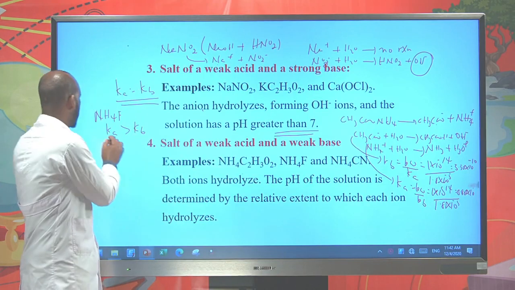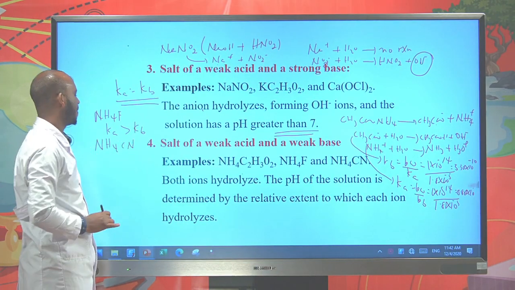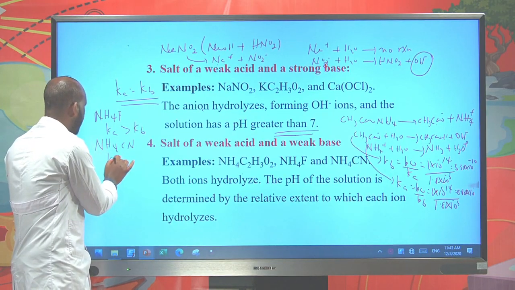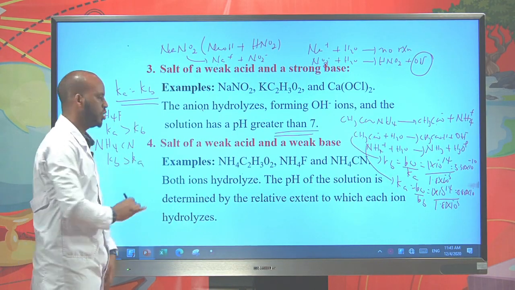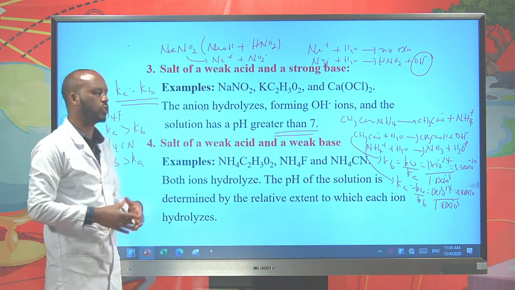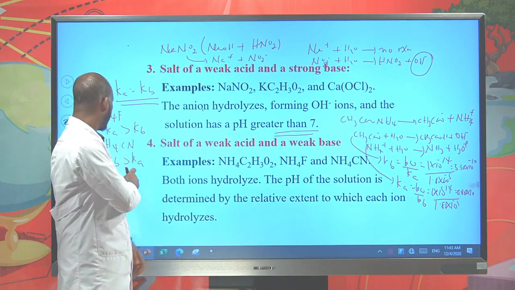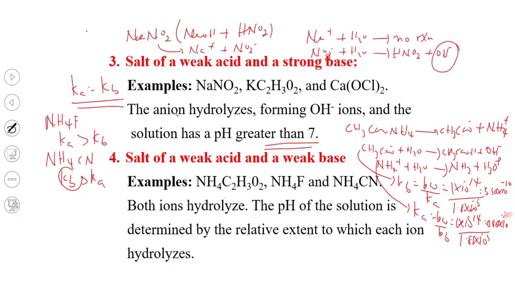For ammonium cyanide, NH4CN, K base is greater than K acid. The dissociation constant of the base is greater than the dissociation constant of the acid, which shows that an excess amount of hydroxide ion is produced in the solution and the solution becomes basic, and the pH of the solution is greater than 7.